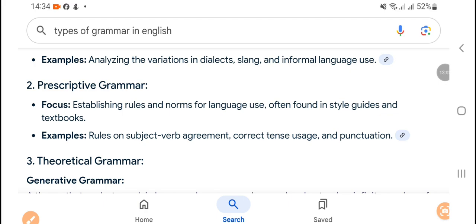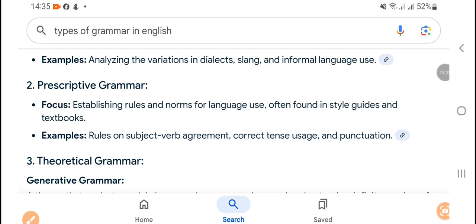Language is same, English, but dialects means that English is used differently in different communities, right? That is dialects. Slang, sometimes we develop slang and members of the community understand it.